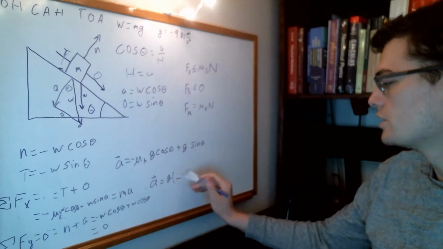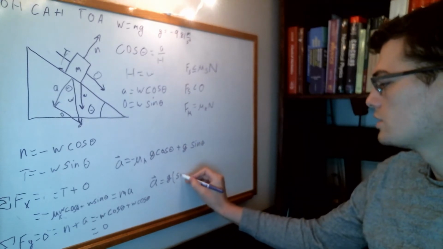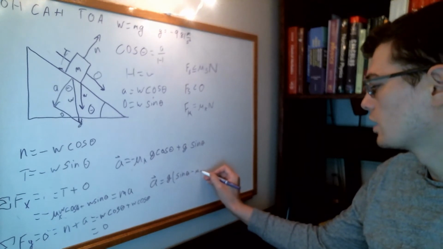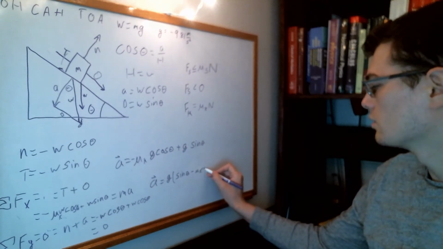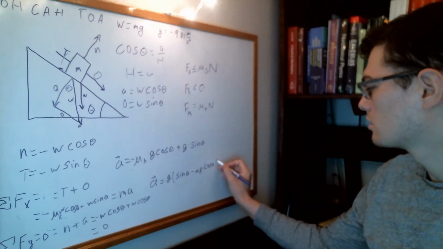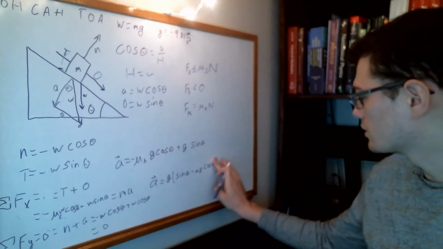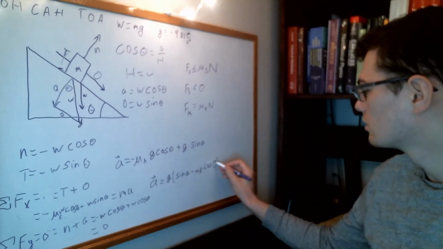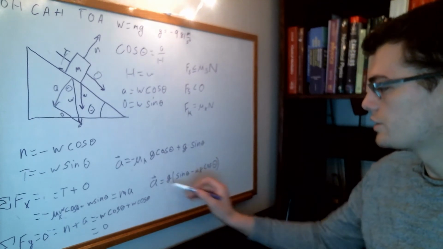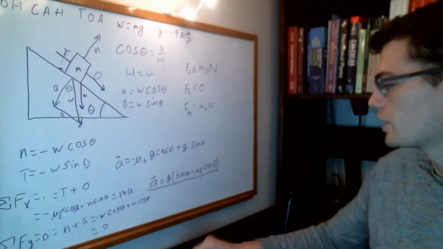So then we can say that a is equal to g sine theta minus mu_k cosine theta. I'll write this a little bigger. There we go. And so now this is our expression for a.